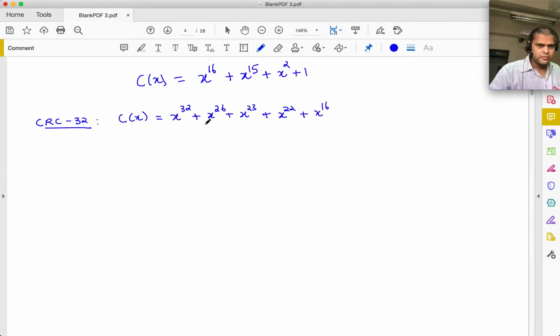So there's a gap over here of 6 bits, and here too there's a gap of 6 bits, and smaller gaps in between. So I'll just write this out. Plus x to the power of 8, plus x to the power of 7, 5, 4, 2, 1, 0.